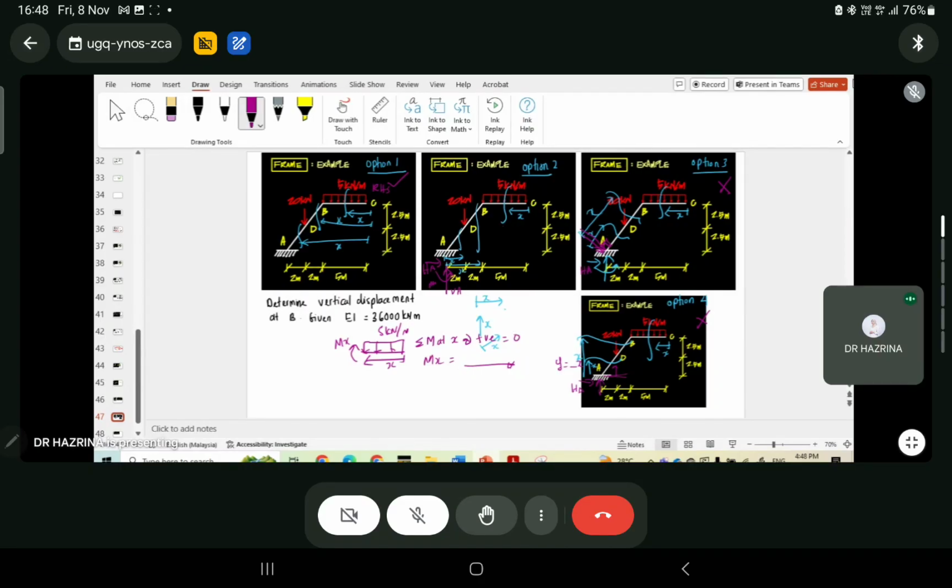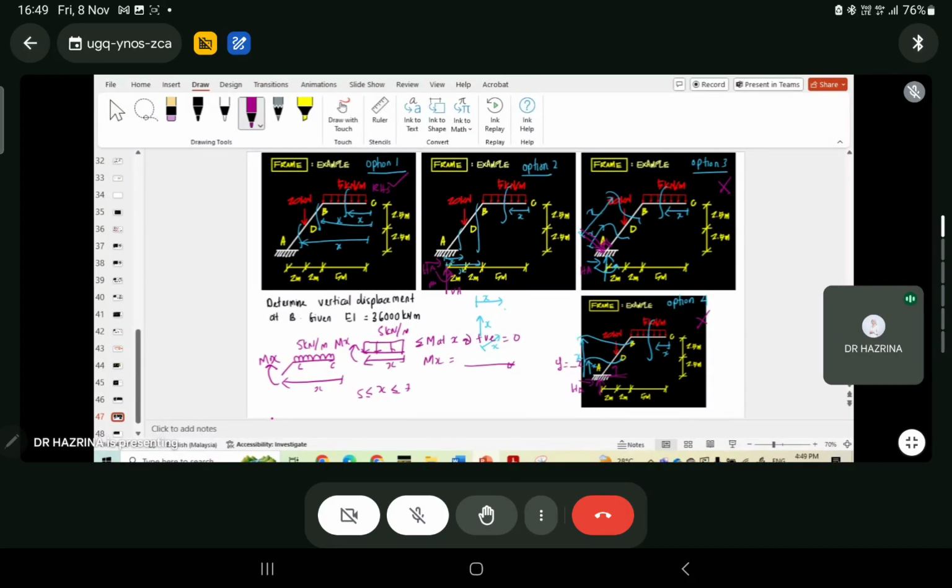Okay, so untuk BD, you akan draw balik. Macam tu lah, you akan draw. So you akan ada 5 kilonewton per meter. So here is your C, B, and here is your X. So you akan ada moment M, X. So here you akan ada, you punya region you adalah X lebih besar daripada 5 kurang daripada 7.